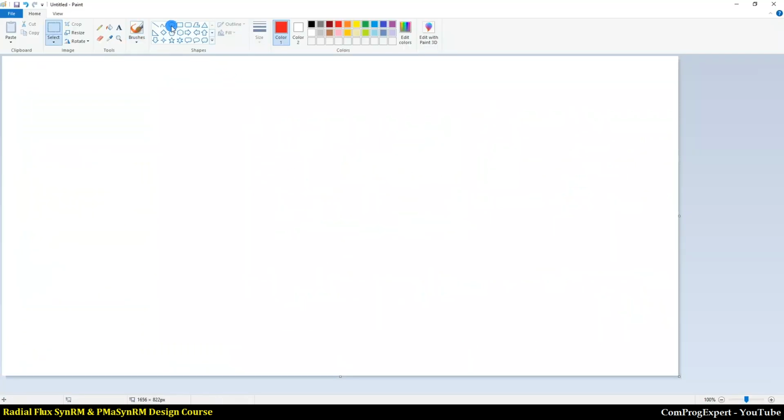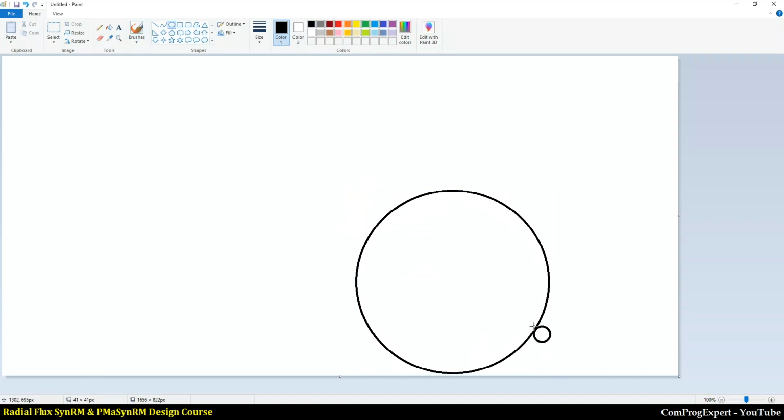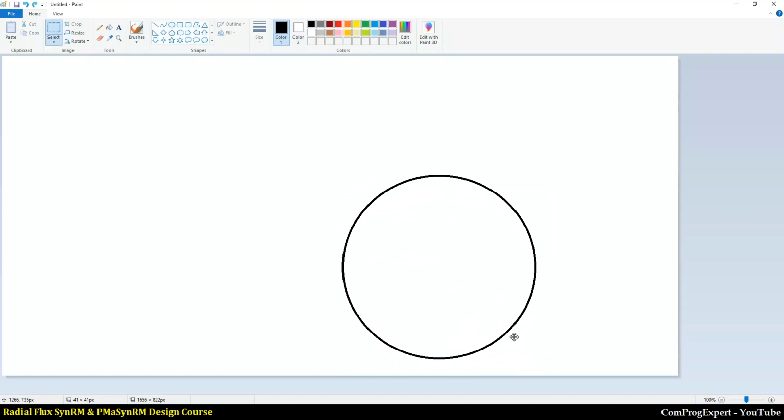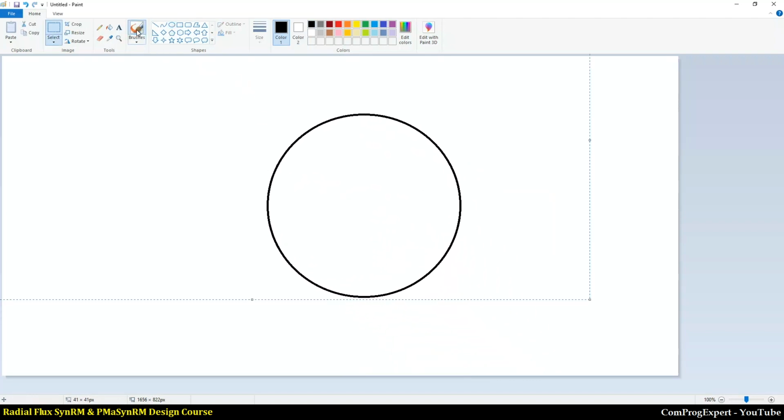This is the geometry of the motor, the rotor core of a synchronous reluctance motor, and here we have one flux barrier layer and another one here.